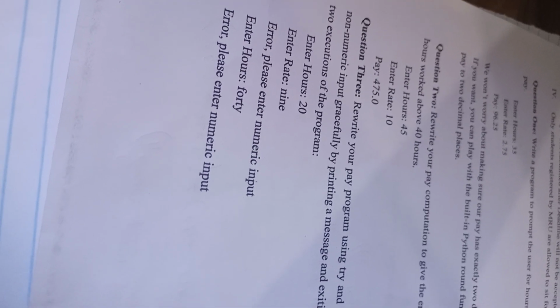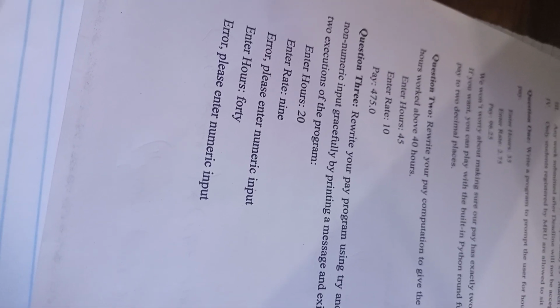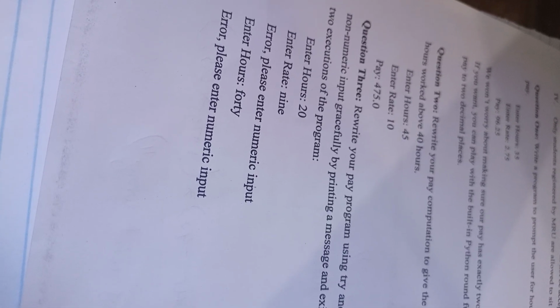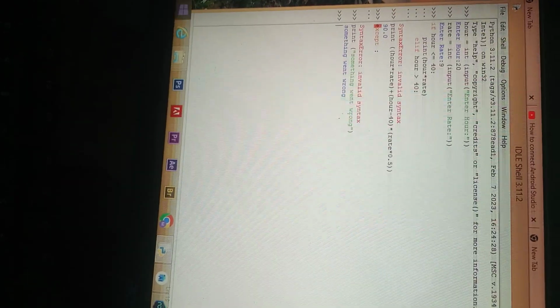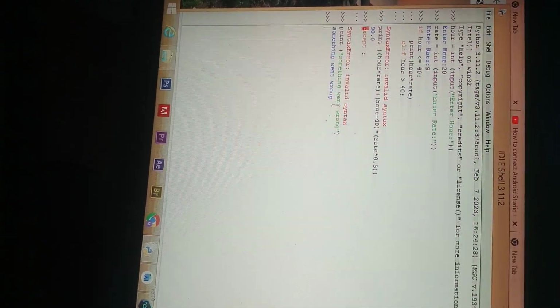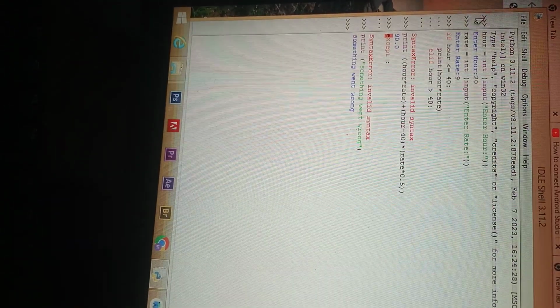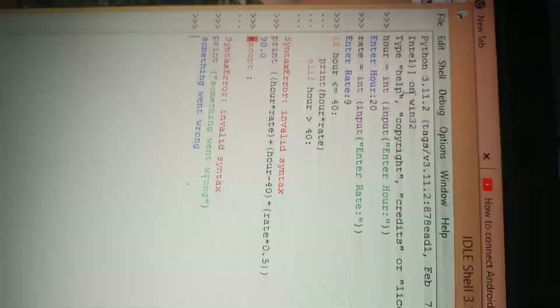At hours 20, rate 9, and at hour 40, error present and numeric input. The numeric inputs I've used here are actually different, but this is how I have coded it.